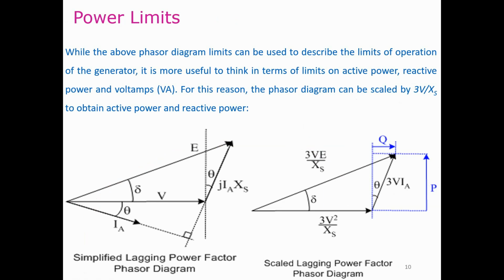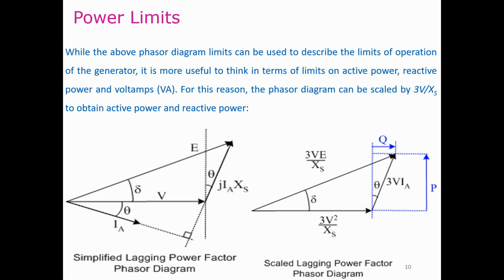So this is the simplified phasor diagram which we have seen. Now normally we define the power limit. So the limits which we have seen in the previous slides are to be transformed in terms of power limit. Power limit means active power, reactive power, and apparent power, that means VI cos theta, VI sin theta, and VI.